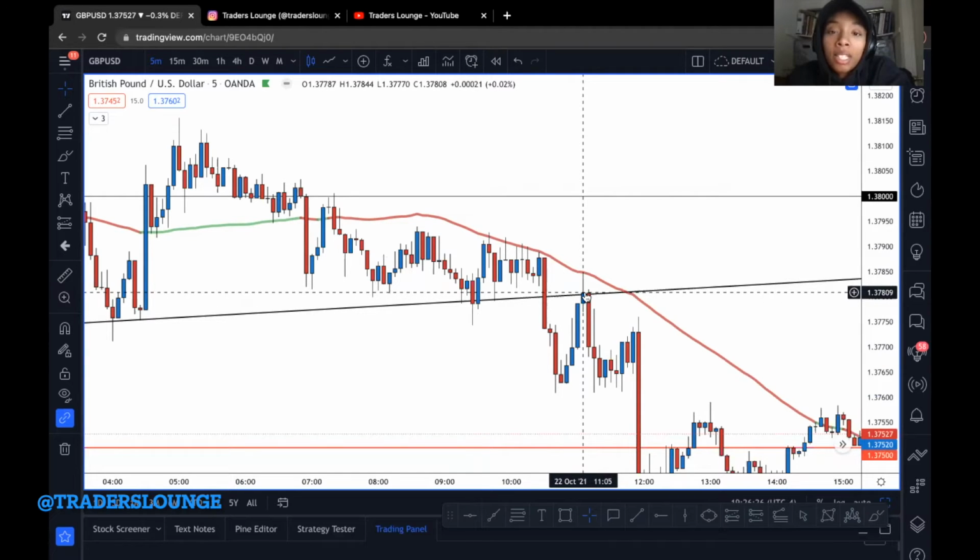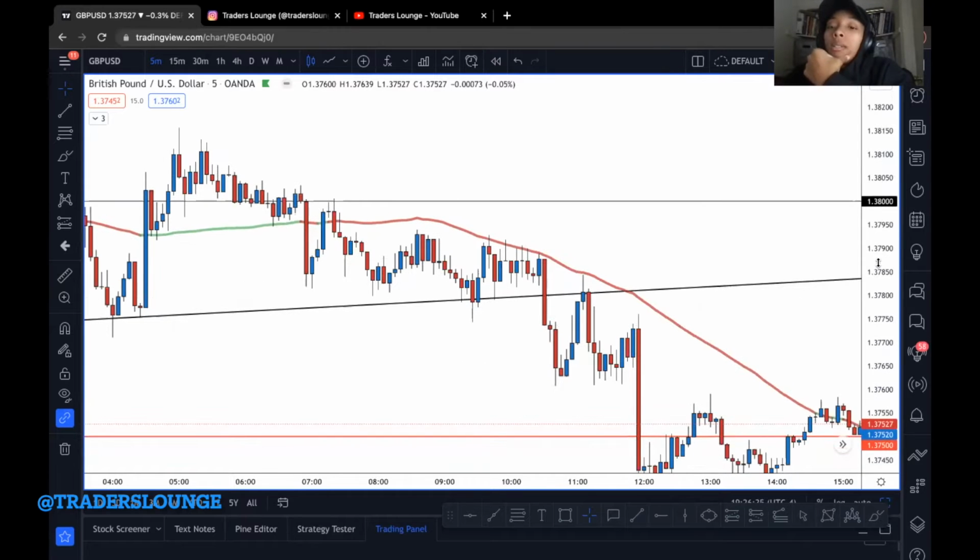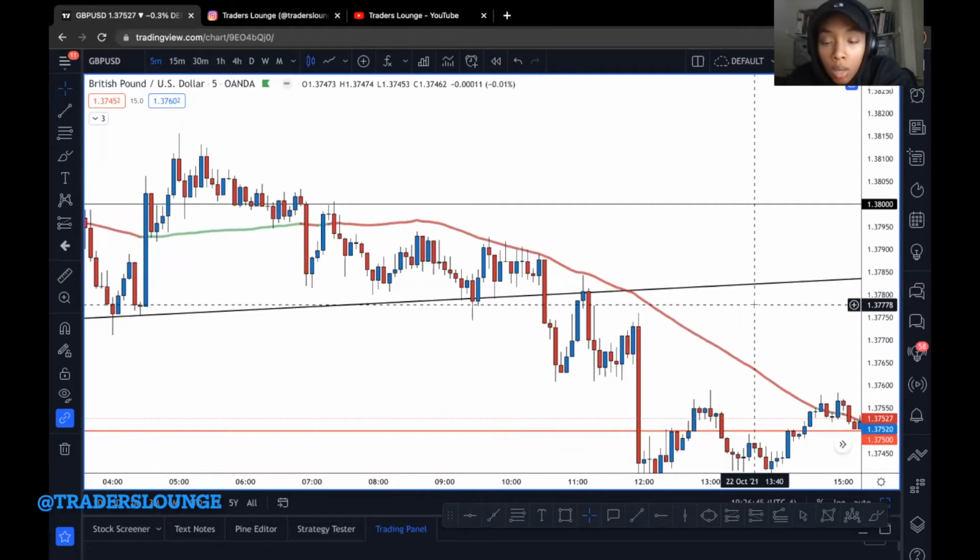Not that I didn't care, just that I didn't really find it in me to take the retest of this trade. My mind was occupied with something else, and I was watching the trade to see, okay, am I going to get stopped out, or are we going to head in the direction of profit? And we just got stopped out.